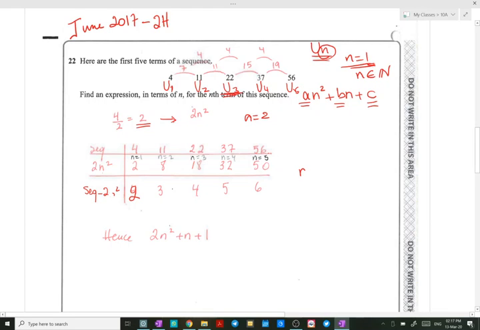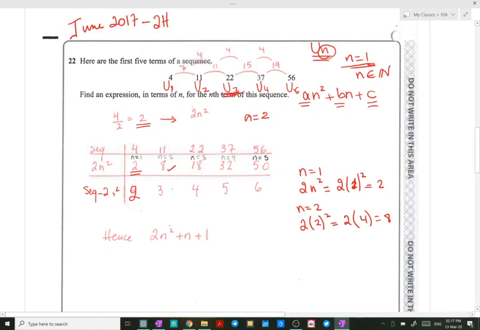When n is equal to 1, you replace it in 2n squared, and the answer is 2 times 1 squared, which is equal to 2. So you write 2 here. When n is equal to 2, 2 times 2 squared is 2 times 4, which is 8.